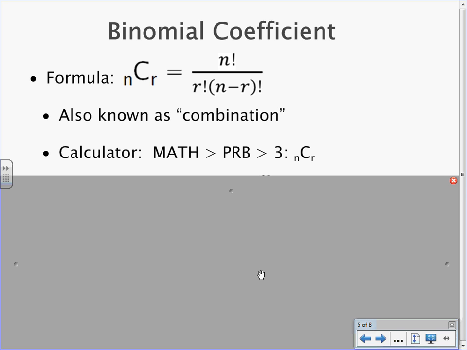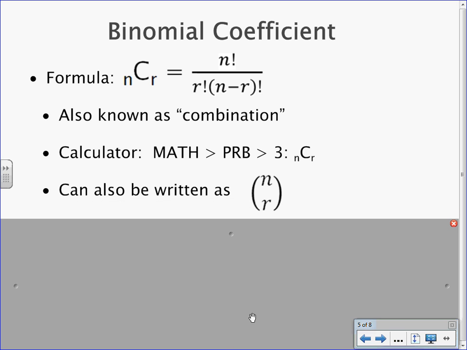Now, when you put it in your calculator, if you went like 5 choose 2, you need to press 5, then the combination, then 2, and then hit enter. Some of these you should not need to plug in your calculator. Like 3 choose 0, you should know that's 1.